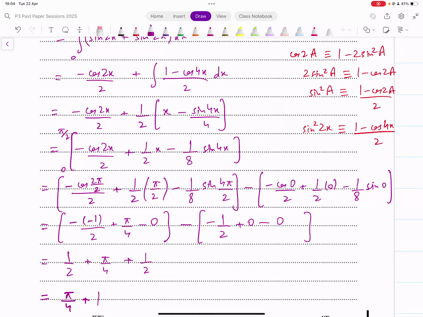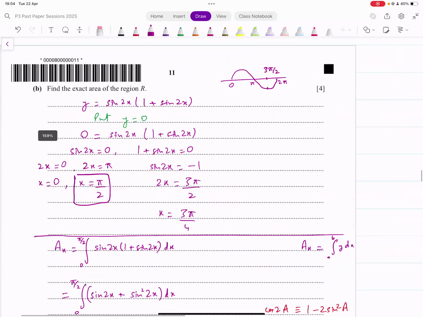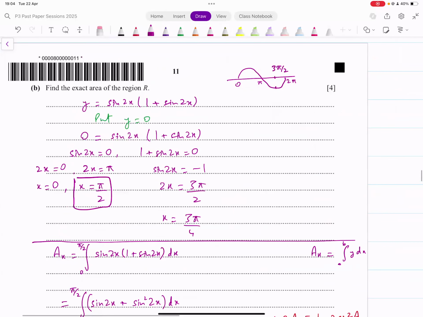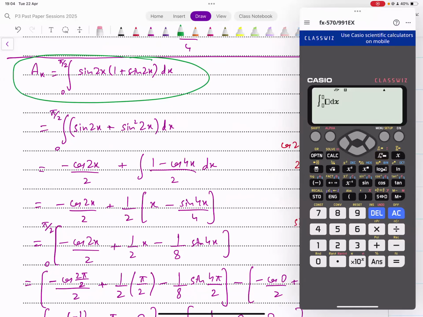Is that okay now? Okay, so how would you check that in the exam? In the exam, you would just put this whole thing on your calculator to verify your answer. So you'll say this is sine of 2x into 1 plus sine of 2x.